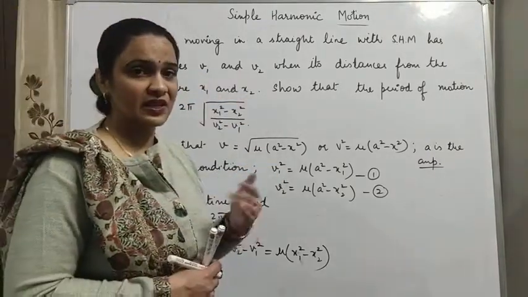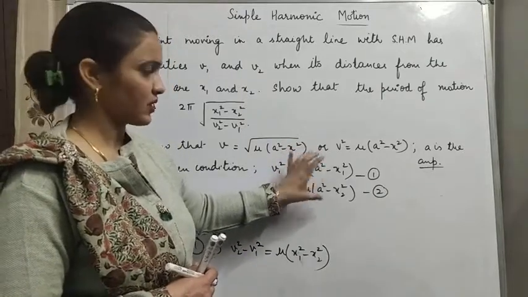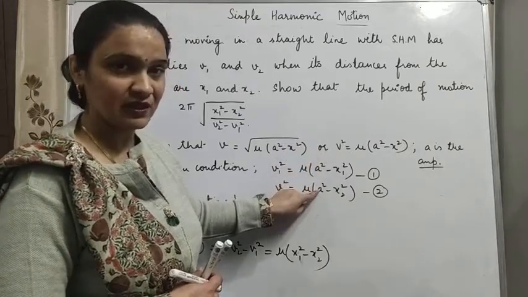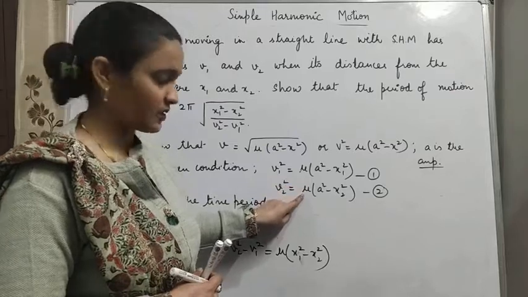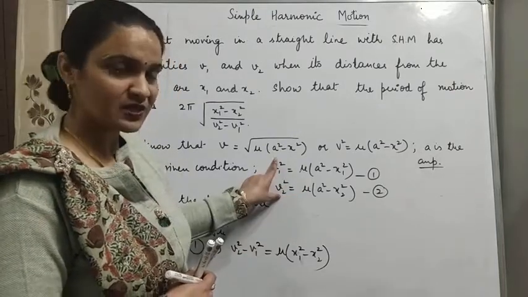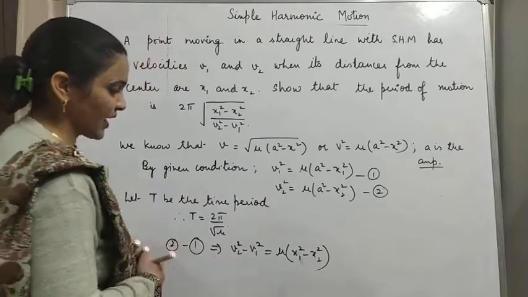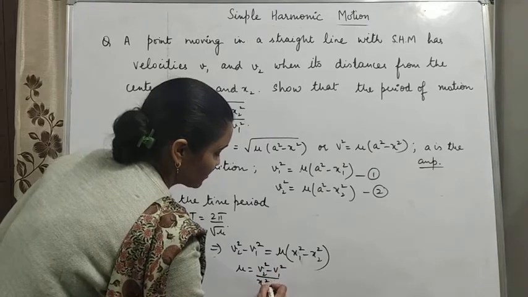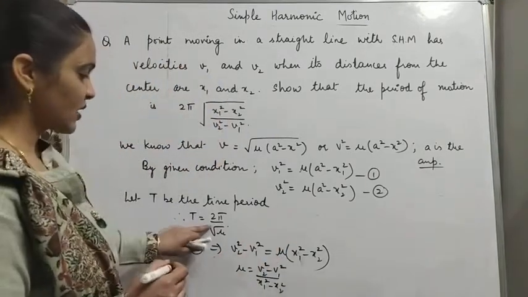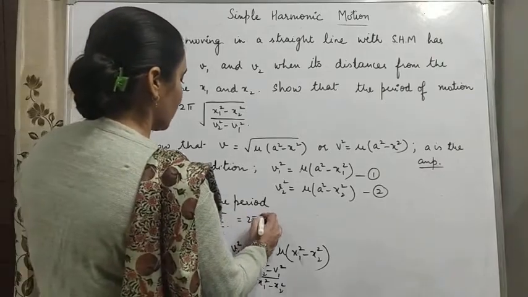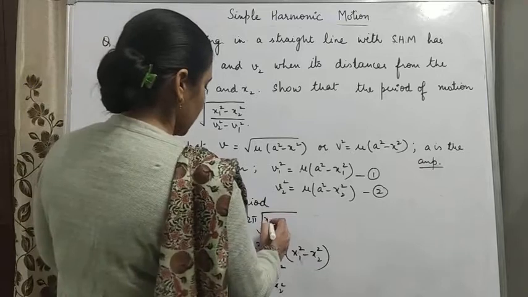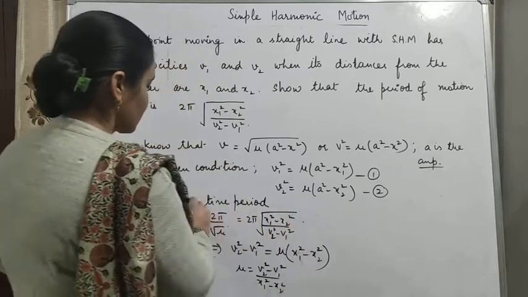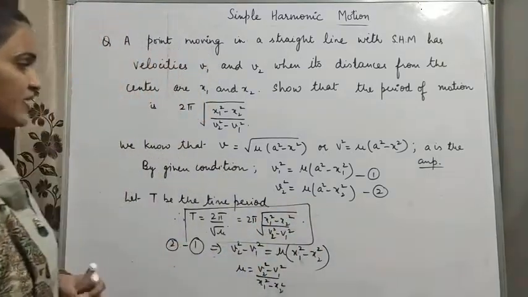So whatever is not given, we have to eliminate. So here we got a hint that we have to eliminate a, then we will get the value of mu. So for the value of mu, we eliminated a by subtracting. So we will get mu as v2 square minus v1 square upon x1 square minus x2 square. So substituting here, what will we get? This is 2 pi under the root x1 square minus x2 square upon v2 square minus v1 square. So this is the time period. So this completes the question.